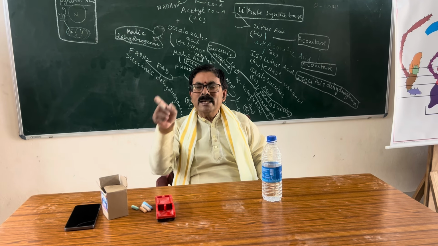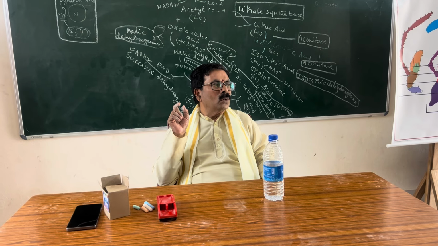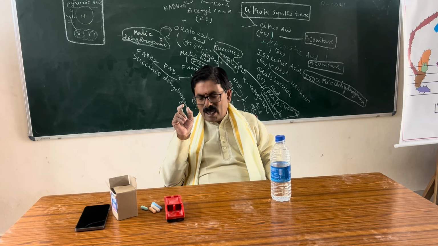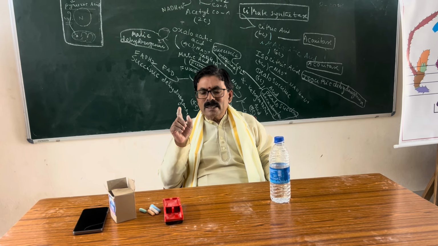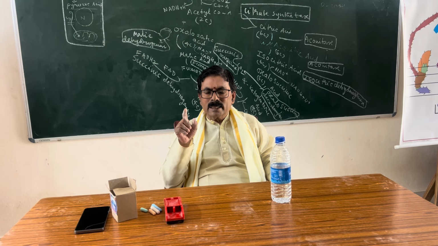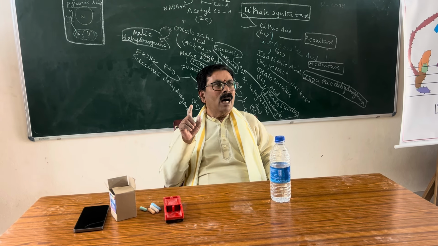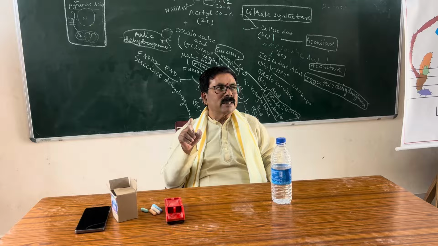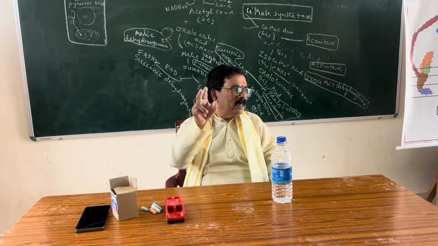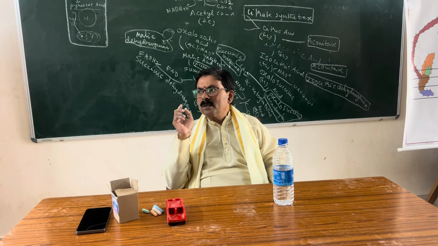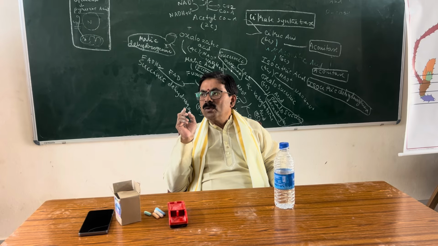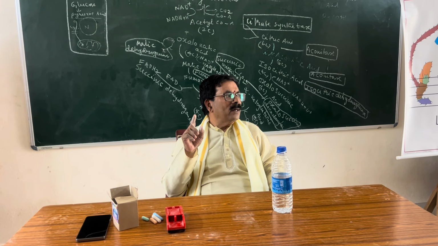Hence, you call the enzyme oxalosuccinic decarboxylase. In the presence of oxalosuccinic decarboxylase, oxalosuccinic acid loses a carbon dioxide molecule and forms into alpha ketoglutaric acid.